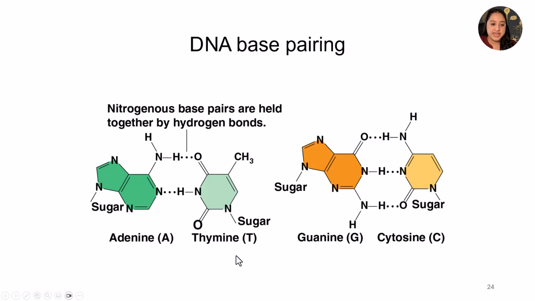So A and T are always bound together with two hydrogen bonds. And G and C always pair together, again because of what sticks out on each one and what's compatible. Between guanine and cytosine, there are always 3 hydrogen bonds.